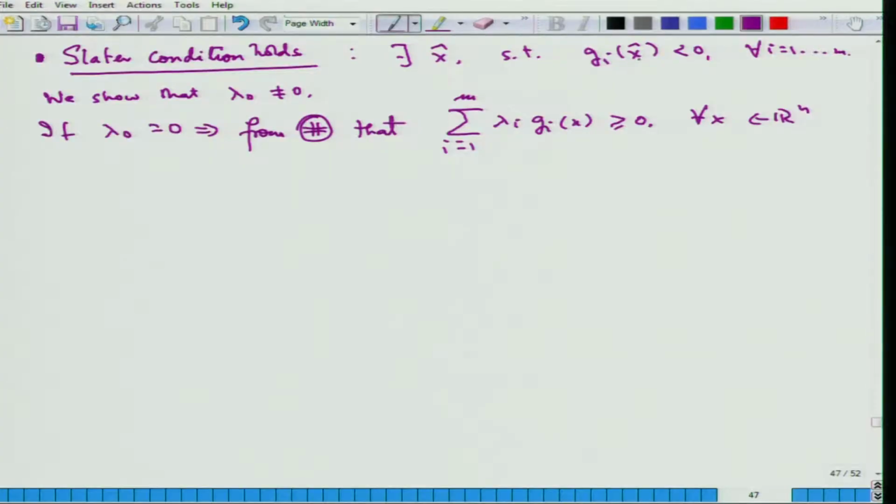This is true for every x, so it must be true for x hat.